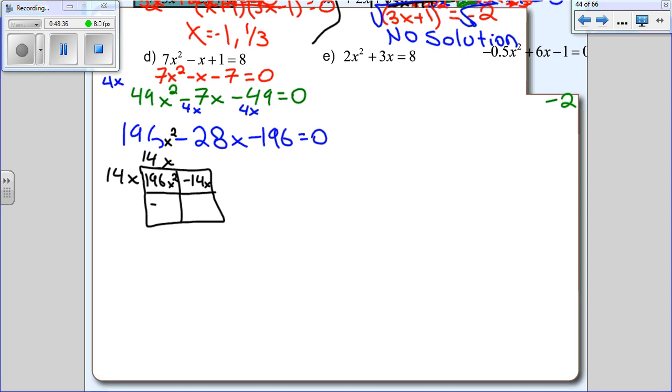And that creates positive 1. That means the number that you have to add is 197, both sides. You now have 14x minus 1 squared equals 197.